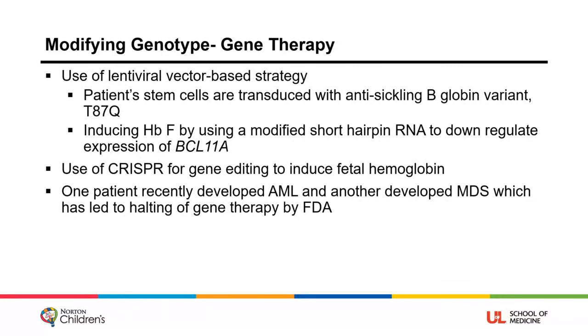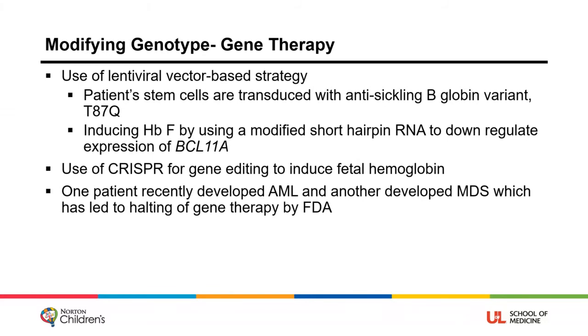There's two promising methods for transduction. One is the use of a lentiviral vector-based strategy. The patient's stem cells are transduced with an anti-sickling beta globin variant, which is the Bluebird trial.